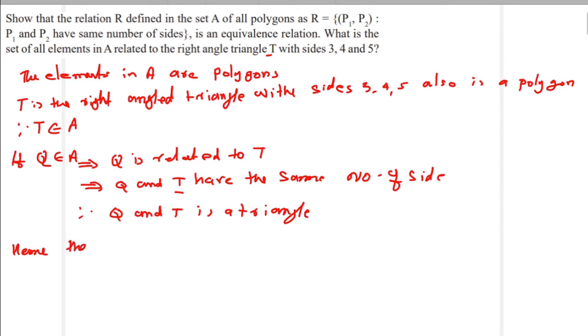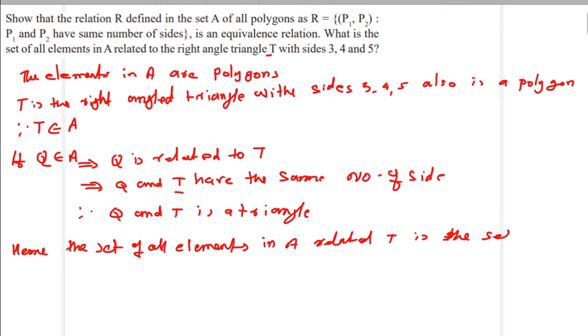And hence the set of all elements in A related to T is the set of all triangles.